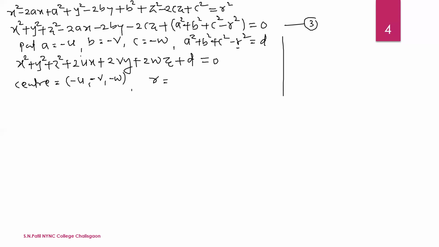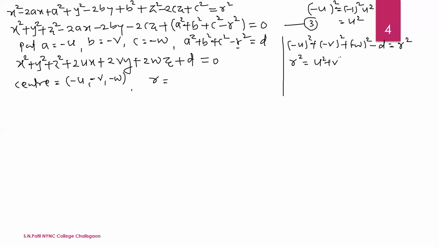The value of a is minus u, so r square is equal to (minus u) square plus (minus v) square plus (minus w) square minus d. Now (minus u) square can be written as (minus 1) square u square. Minus 1 square is plus 1, that is simply u square.